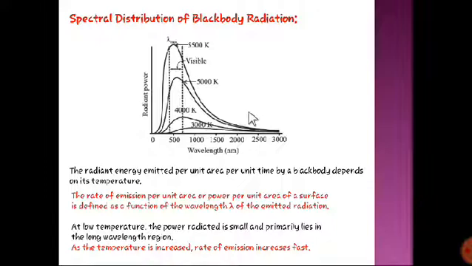Let's see. As we discussed, a black body radiates. Firstly, the energy which falls on this black body will be absorbed entirely. As it absorbs, it will try to emit energy. As it emits energy, there will be a number of radiations.